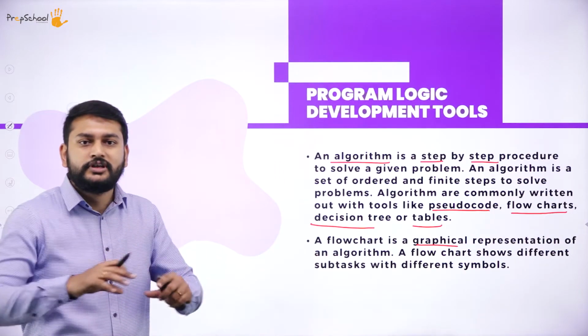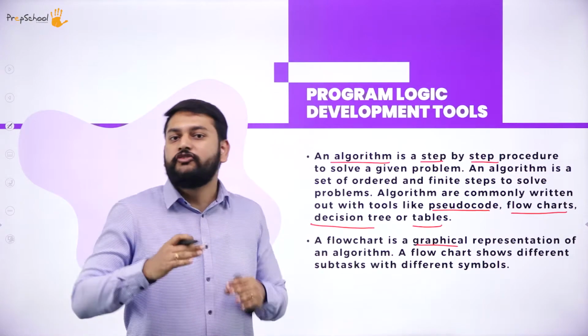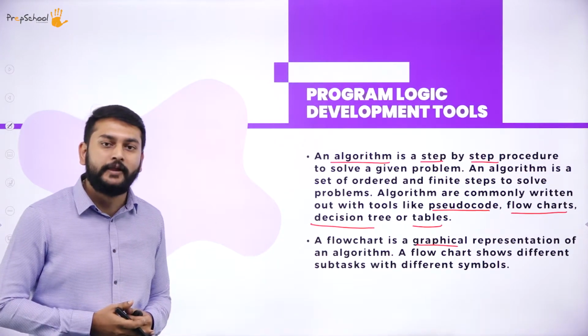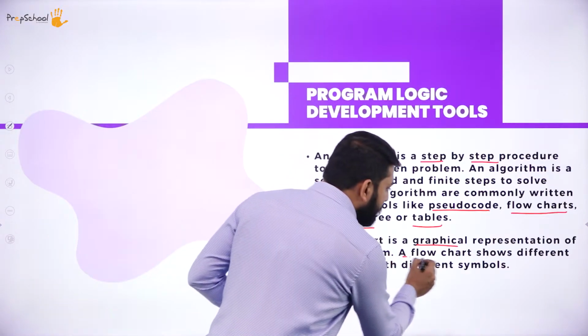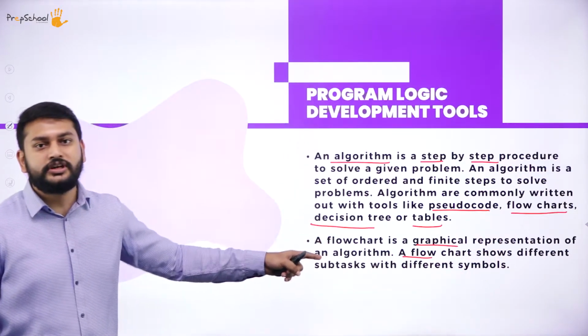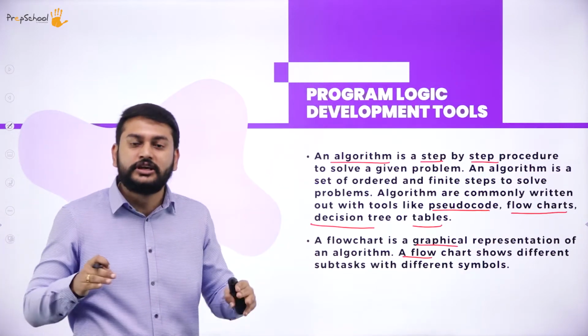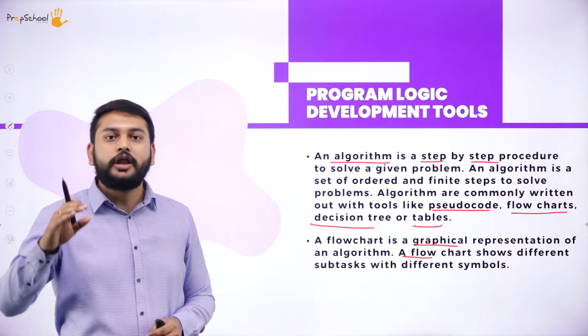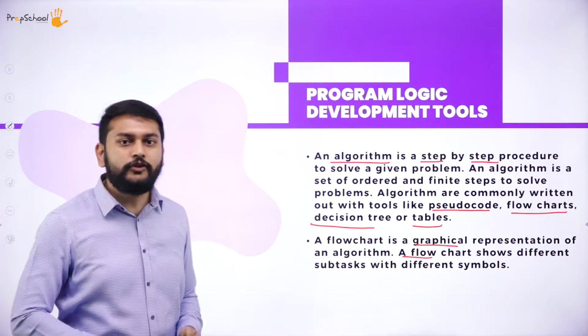With the help of graphical representation, I will be representing the flow of execution of the program. Why do I use this flowchart? The flowchart shows the different subtasks within different symbols. I'll be using different symbols, each depicting some task. So let us have a look at that.